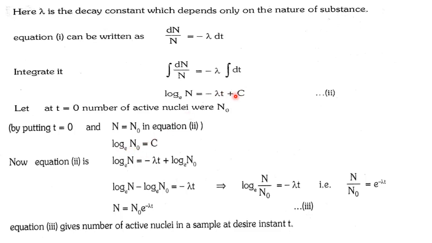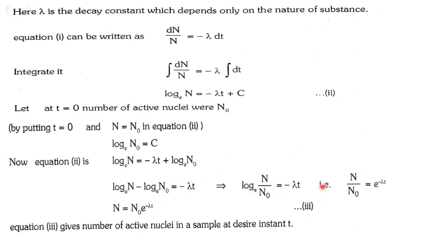Substituting c back in equation 2, we can write log N minus log N0, which we can write as log base e of N by N0 equals minus lambda t.